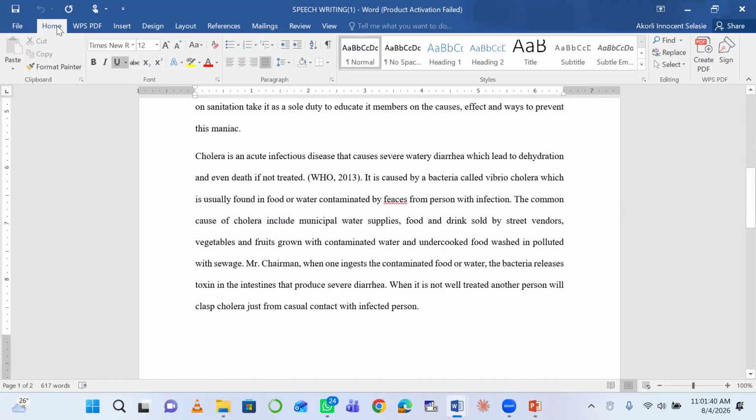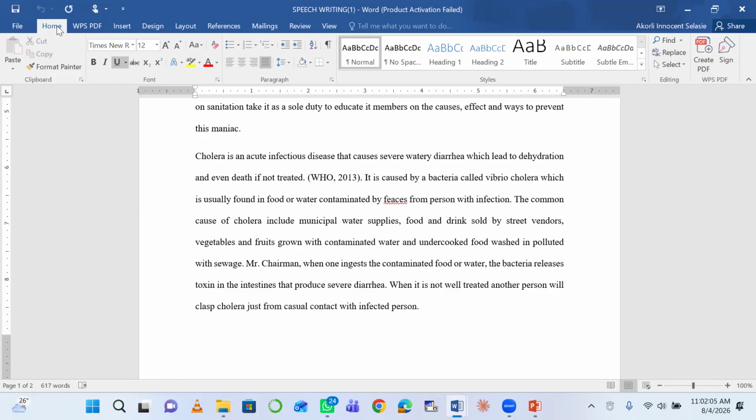Cholera is an acute infectious disease that causes severe watery diarrhea, which leads to dehydration and even death if not treated. That is WHO 2013. It is caused by a bacteria called Vibrio cholerae, which is usually found in food or water contaminated by feces from persons with the infection.